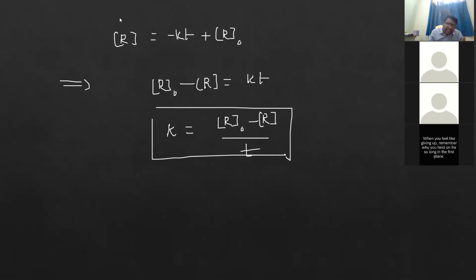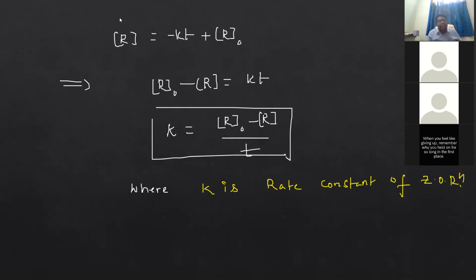What is K? K is the rate constant of the zero order reaction.